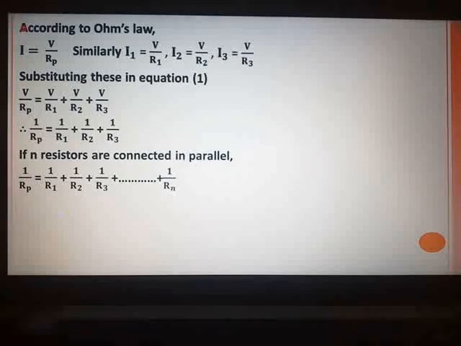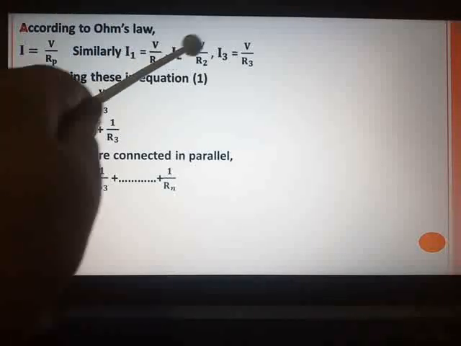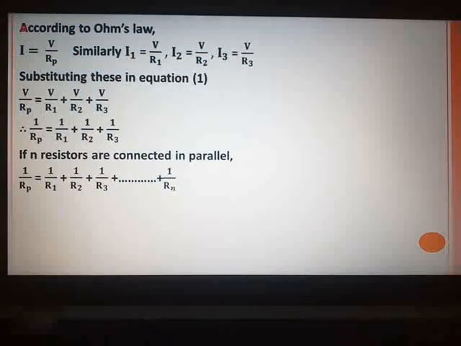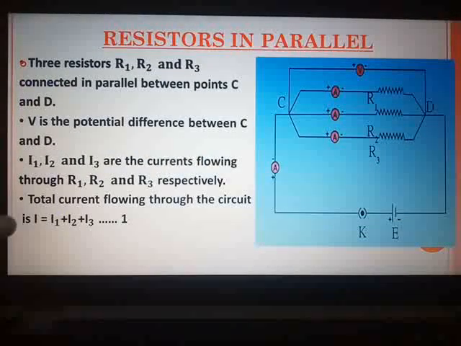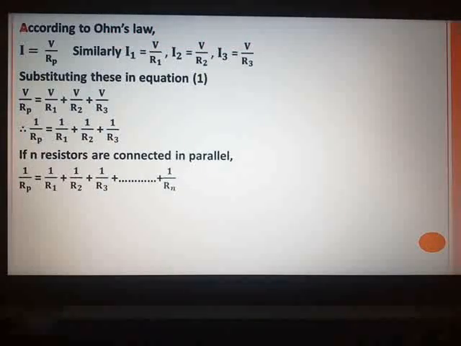Now these values of I1, I2 and I3 you are going to substitute in the previous equation, that is equation number 1. In place of I, you will put V upon Rp is equal to V upon R1 plus V upon R2 plus V upon R3. Take V common. What will remain in the bracket? 1 upon Rp equals V times 1 upon R1 plus 1 upon R2 plus 1 upon R3.